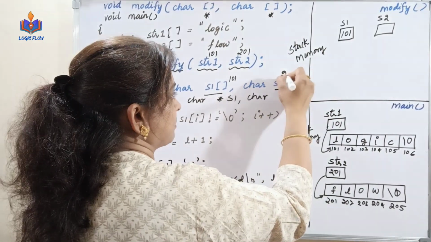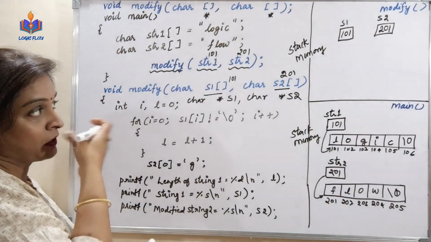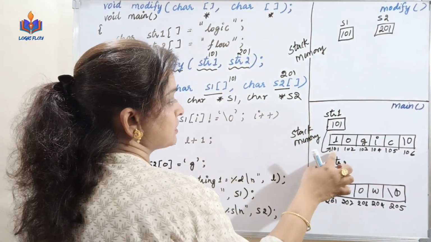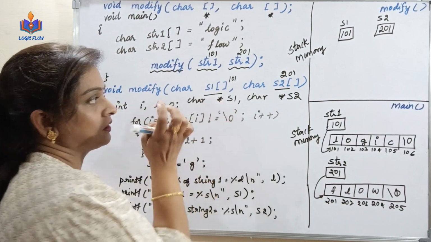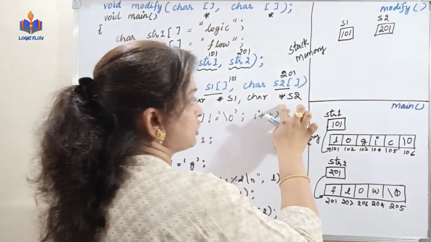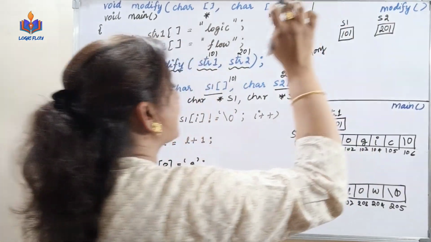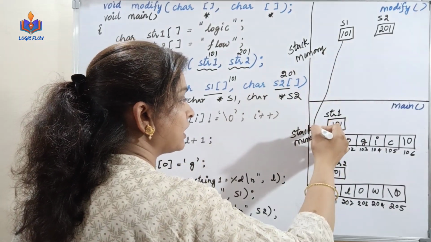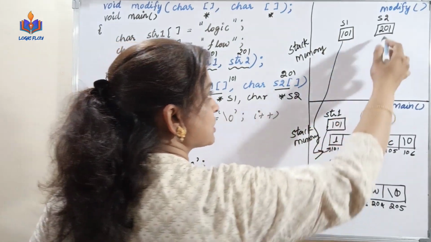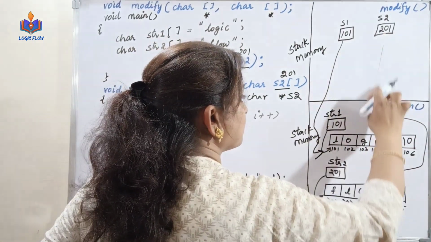Any address can be anything. So S1 is receiving 101 with a pointer to character, and then S2 receives 201. It means S1 and S2 are pointing to these locations, and this is, let me write it here.